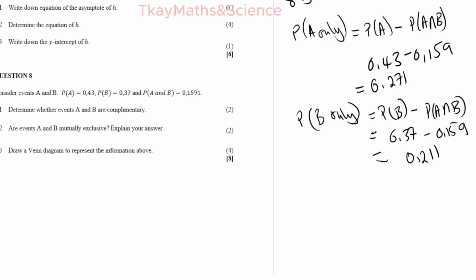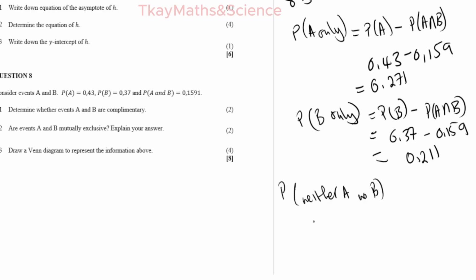All right. Now we're going to calculate the probability of getting A complement and B complement, neither A nor B. We can do it like this.